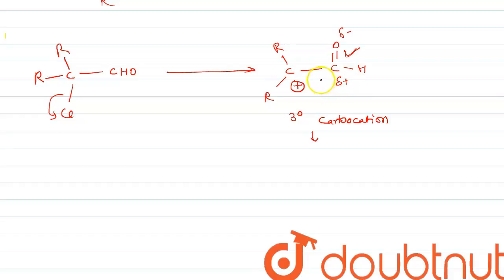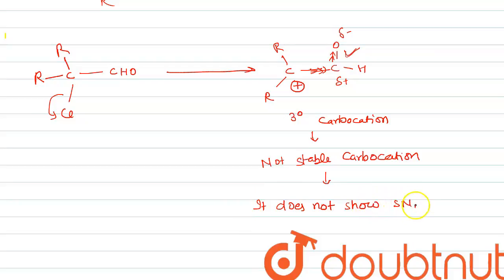This oxygen withdraws electrons towards itself, and this carbon also withdraws electrons. So this is not a stable carbocation, and that's why this halocarbonyl compound does not show the SN1 reaction.